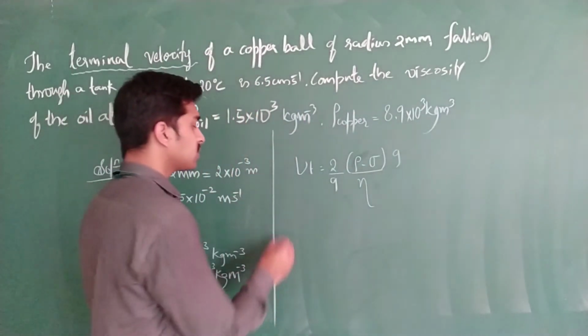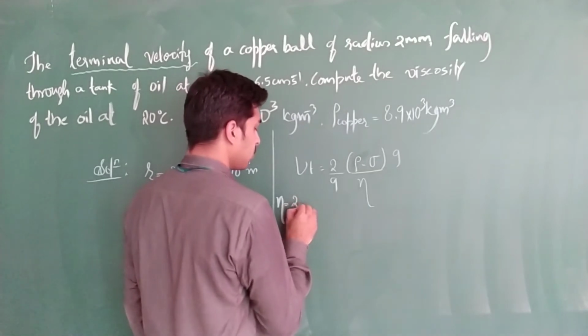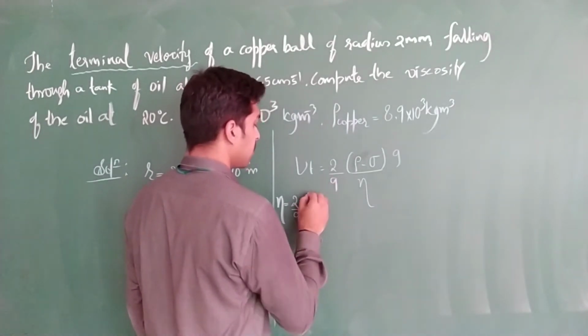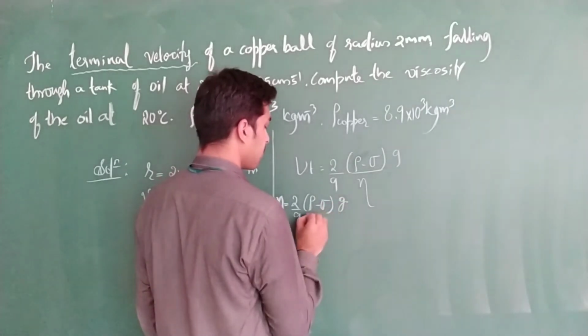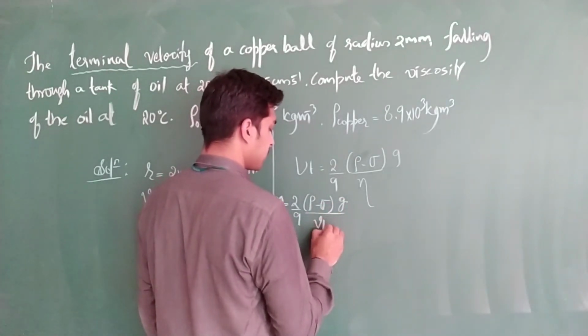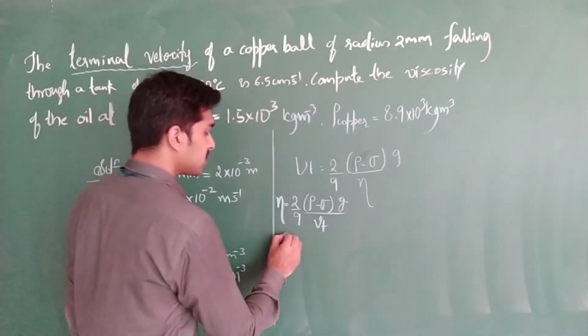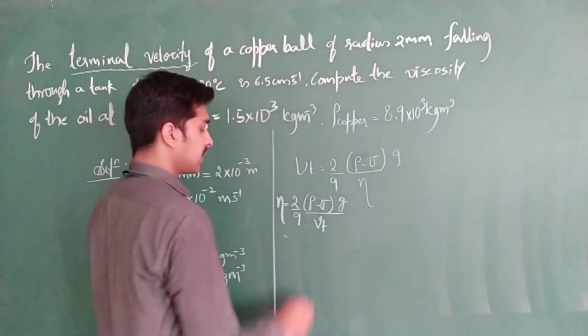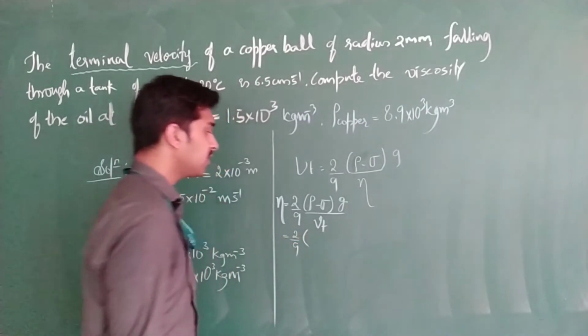So if we want to separate it, how can I separate? Eta is equal to 2 by 9 into (rho minus sigma) into g by Vt. So I just cross multiplied. Now just simply substitute the values and you will get the result. 2 by 9, rho value minus sigma value.